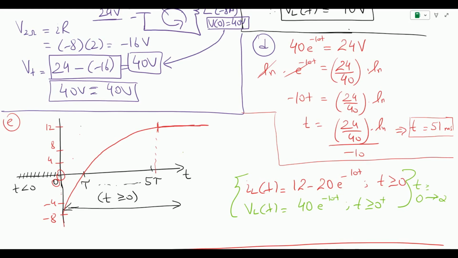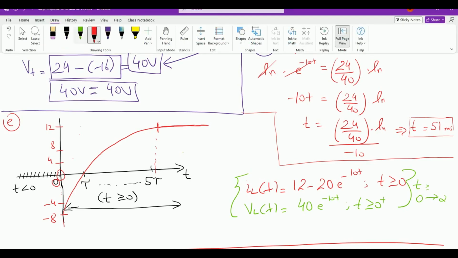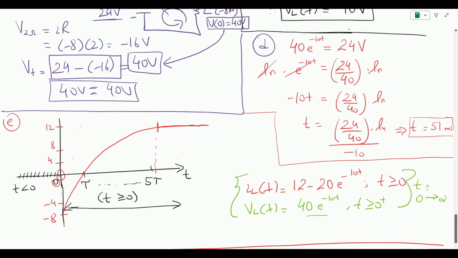And what about the voltage? So for the voltage, we are going to put e raised to power 0. So we know that when you put the value of 0, you get the maximum value of 40 volts. So let us say if I extend this to be 40 volts, this is going to be the maximum value, and when you put t equal to infinity, you will get 0. So we can say the voltage is going to decay exponentially like this, and this is again the threshold for it.